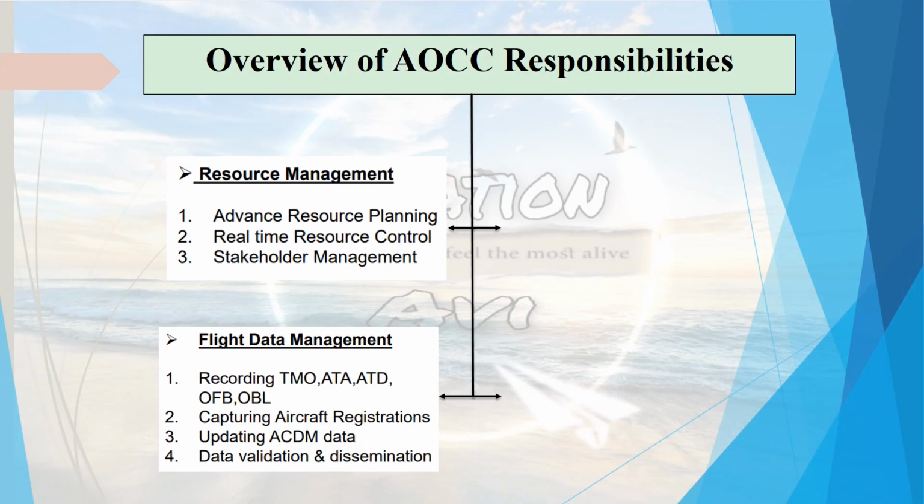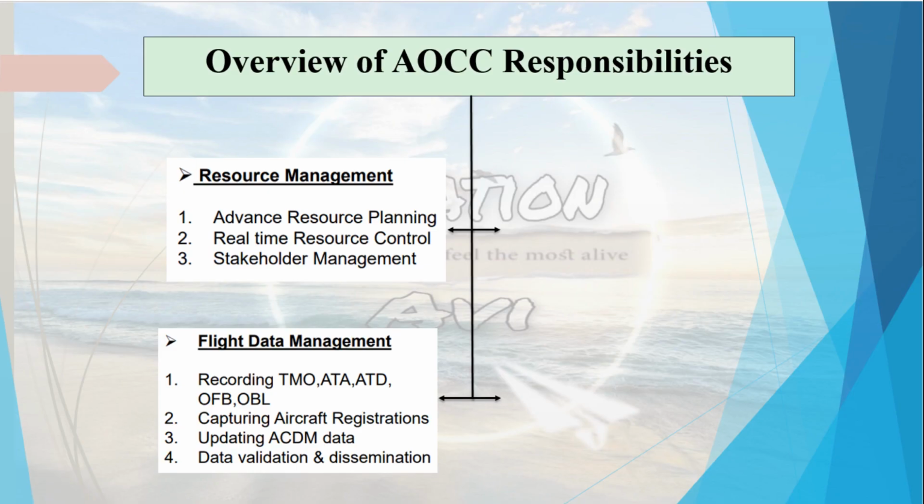The next function of AOCC is flight data management, where this department is responsible for recording important flight timings like the TMO or the 10 miles out, the actual time of arrival, the actual time of departure, the off-block time and the on-block time, which in turn also have an impact on billing for flight operations.